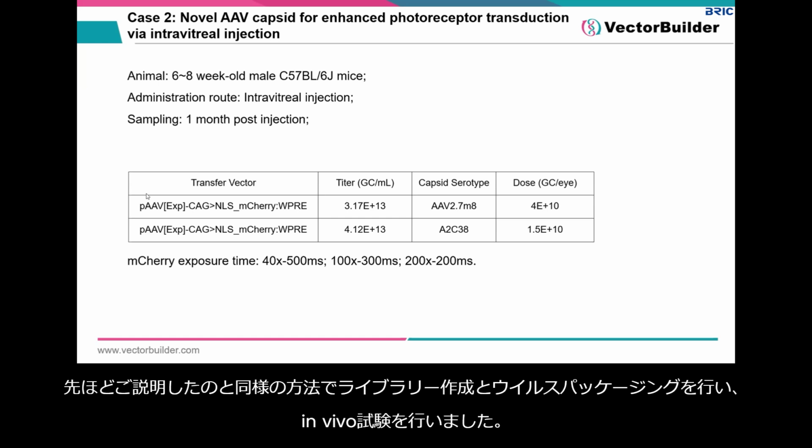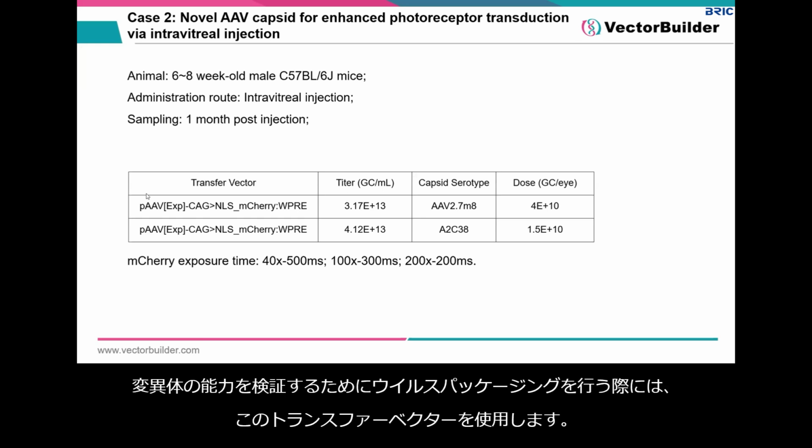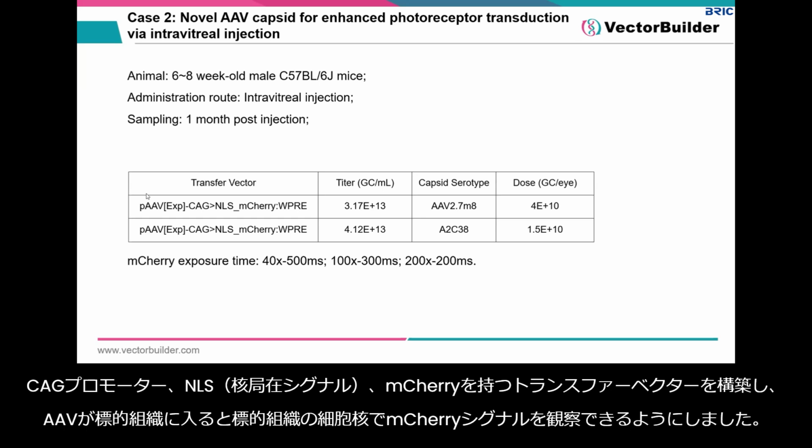Through a similar method, we generated the library, and then we did virus packaging, and then we did the in vivo study. When we do virus packaging to validate the mutant's capability, we use this transfer vector for reporter expression.